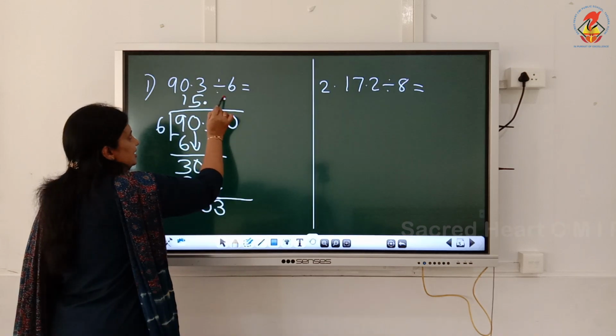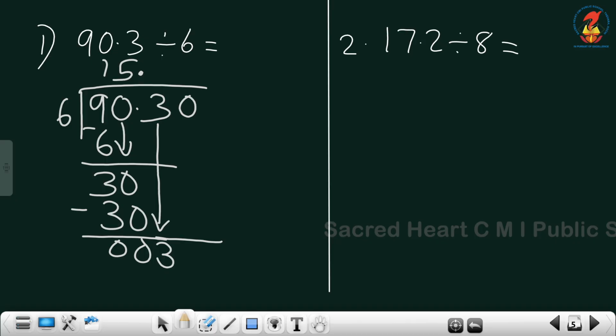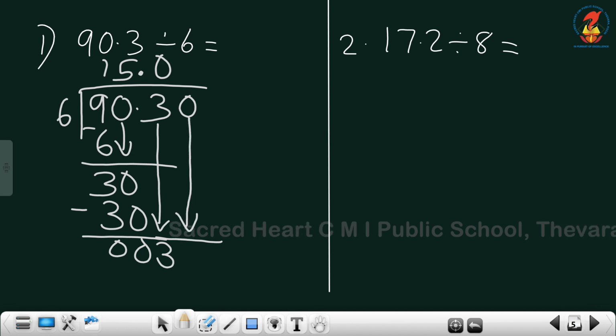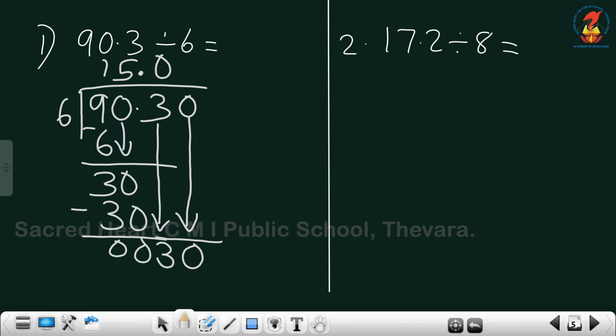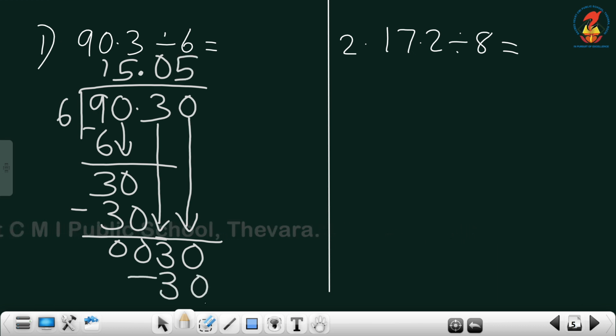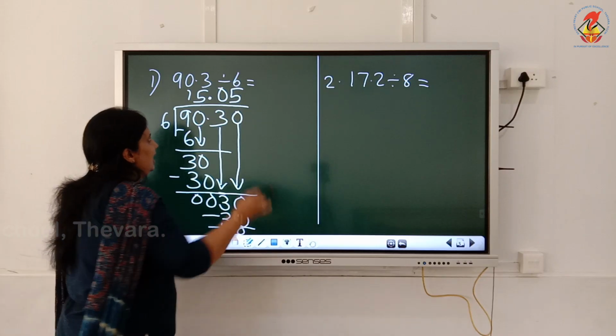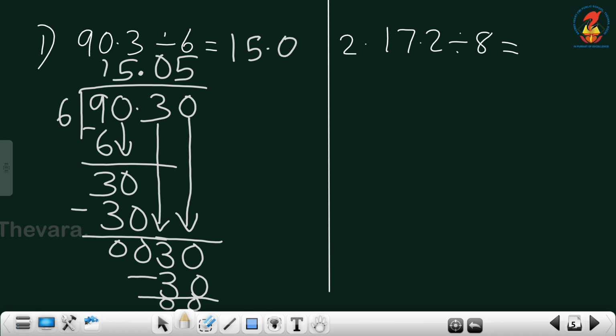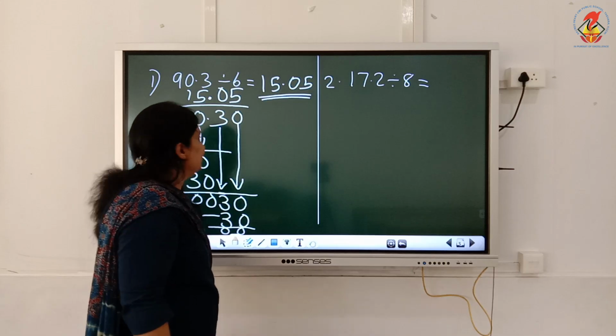Then only I can take one more digit in the same step, right? That is 30. And 6 fives are 30, and the remainder is 0. And the answer is 15.05. Is it clear, children?